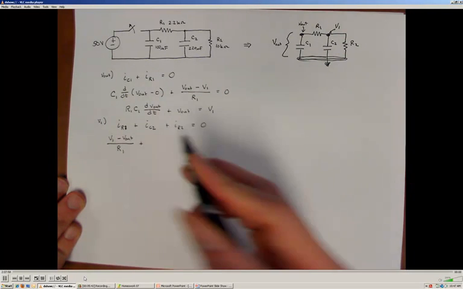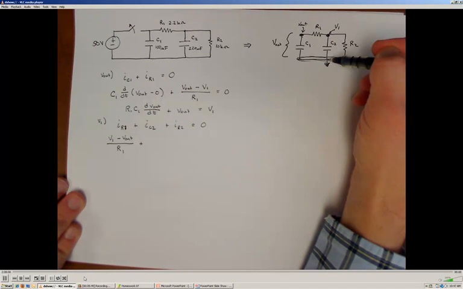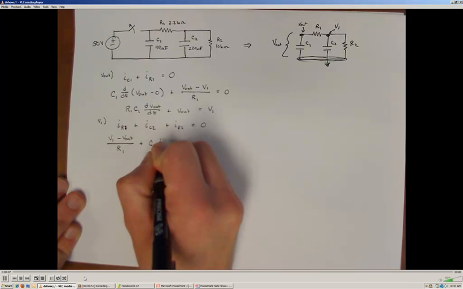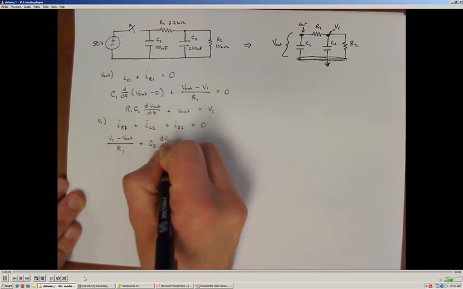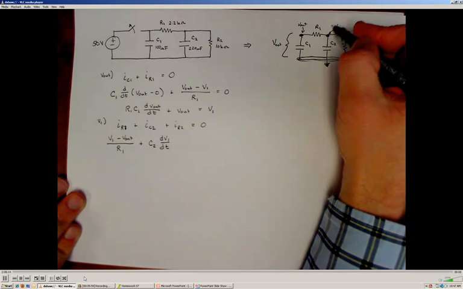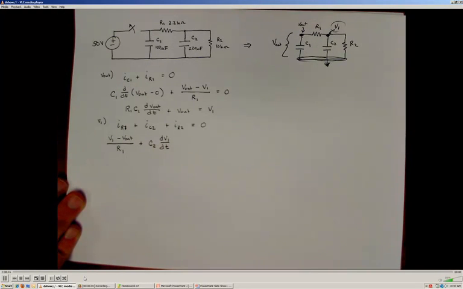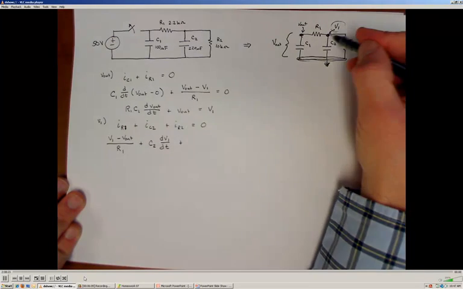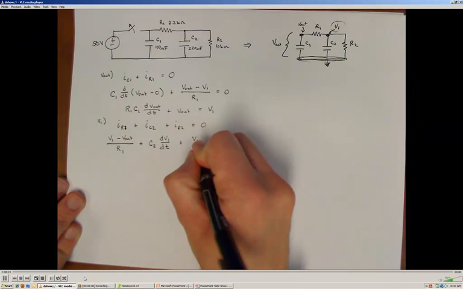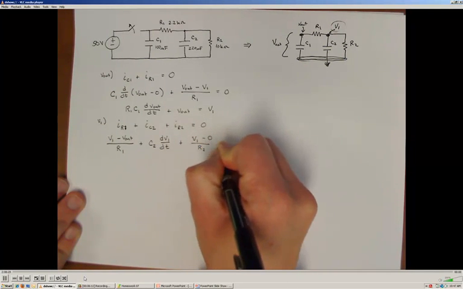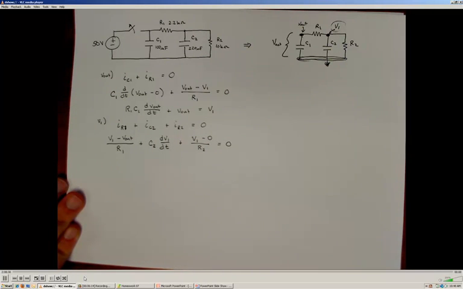For capacitor 2, since that's connected to ground, our 0 voltage reference, the current to voltage relationship is C2 dV1/dt, because we're analyzing the potential at node V1. And finally for resistor 2, the current is V1 minus 0 divided by the resistance R2. All of that has to sum to 0.